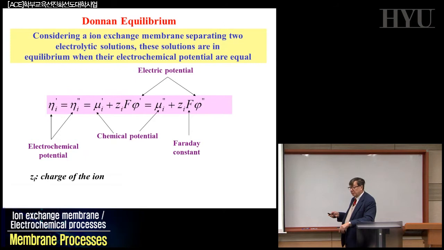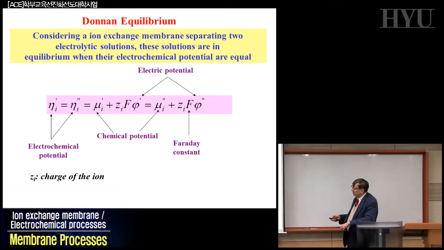We already mentioned a little bit about the Donnan equilibrium, what it is, and which relationships we have to remember. To define this in an ion exchange membrane that separates two solutions of the same or different concentration, we have to define the electrochemical potential. To define the condition of equilibrium, the electrochemical potential of the different species must be equal at the interface between the membrane phase and the solution.